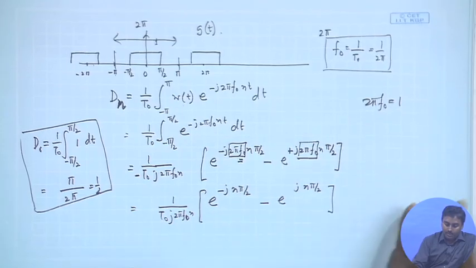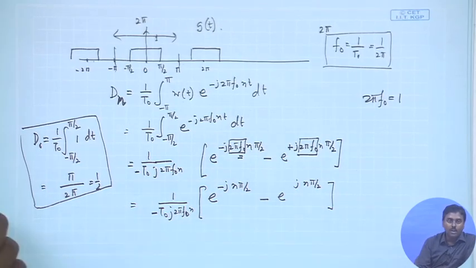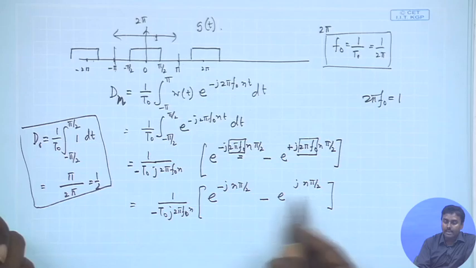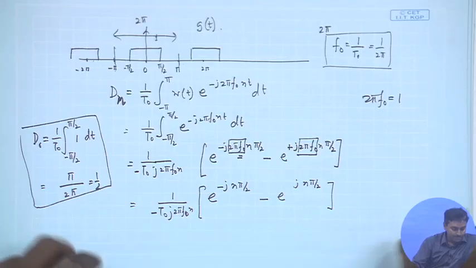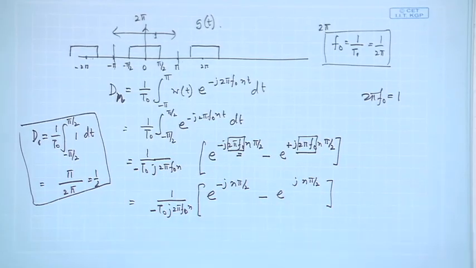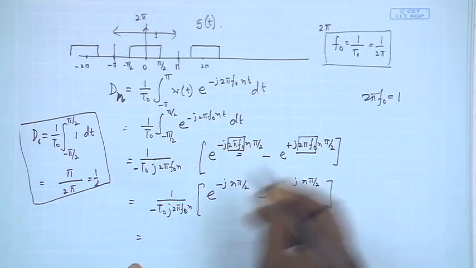So now there is a minus. So this is just again Euler's theorem. The j part is actually there, because it is minus. So it will be minus 2j sin of the inside part, right.